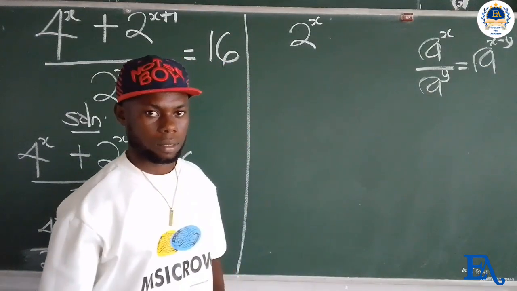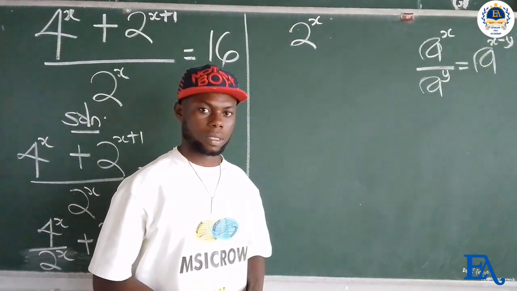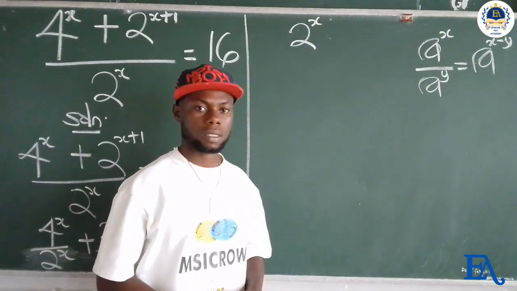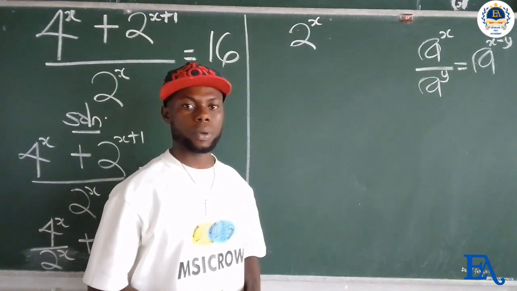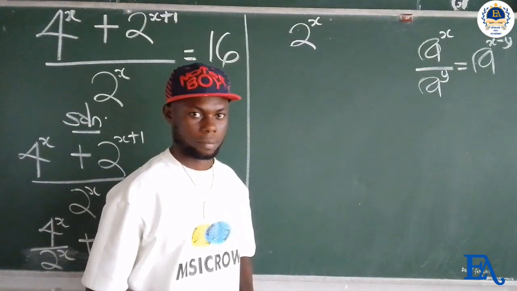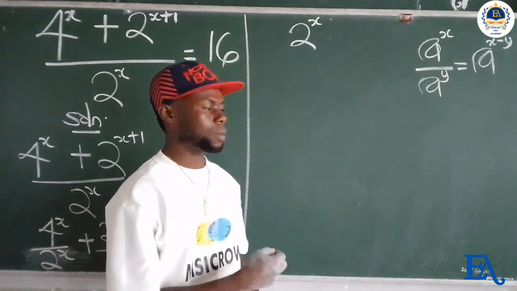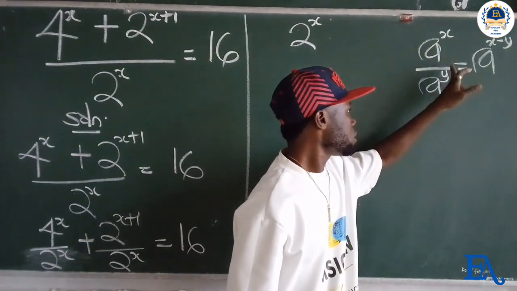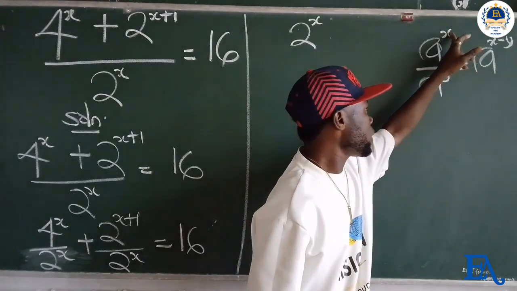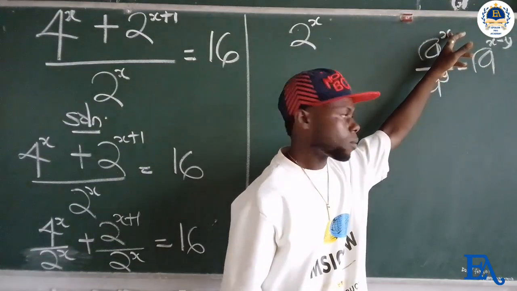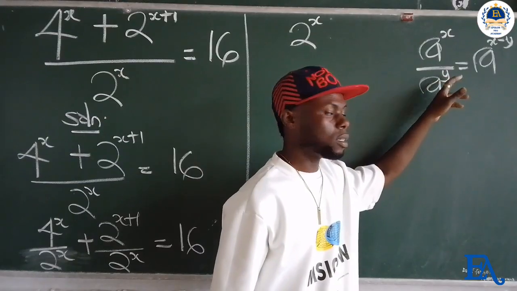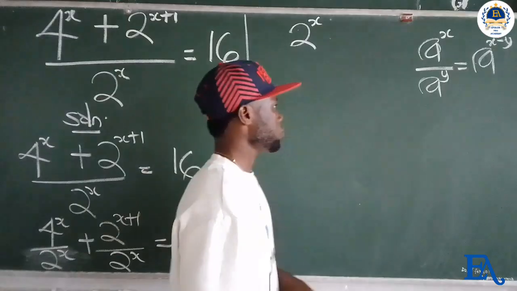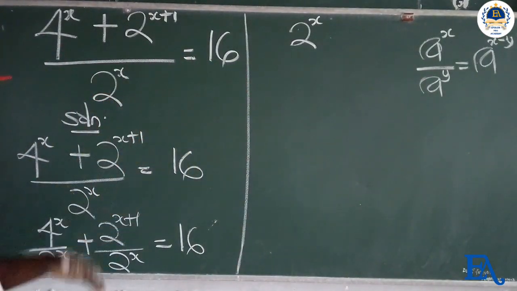The law states that when two quantities of equal bases are being divided, their index is being subtracted from each other. So that means we subtract this from this. Numerator, the index of the numerator minus the index of the denominator. Index is the same thing as power. Take note.